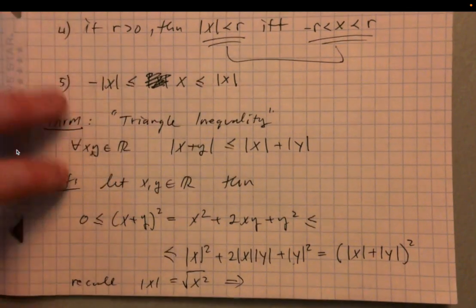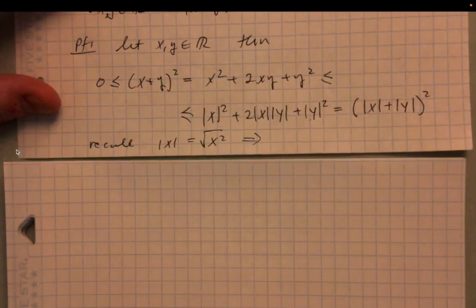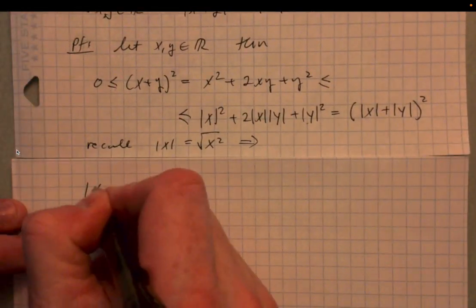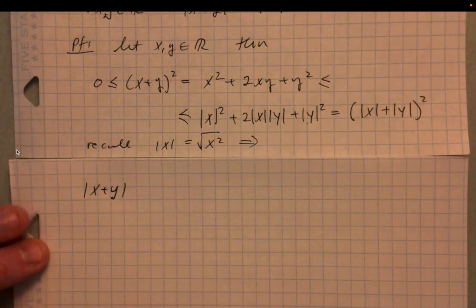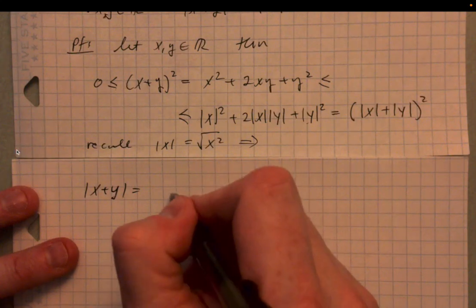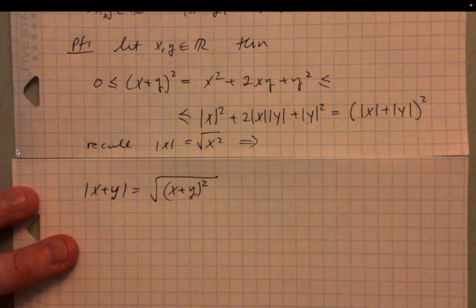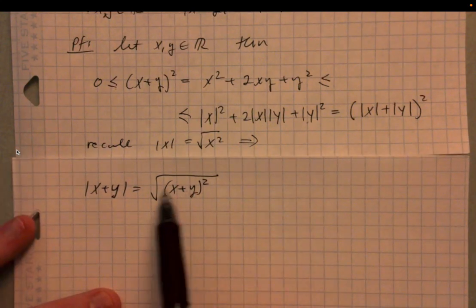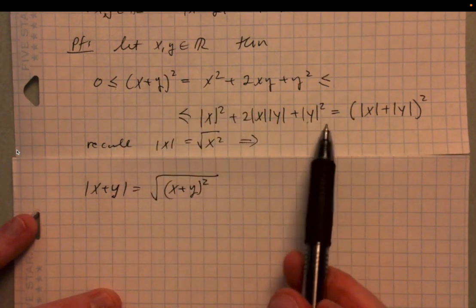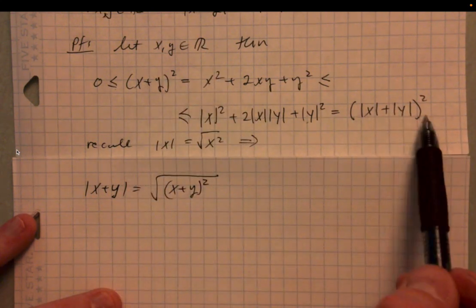So here I'm going to flip the page. Well, look at this. So we need to see this. Here I'll say that you've got the absolute value of x plus y. Well, we know that this is equal to the absolute value of x plus y quantity squared, by the previous theorem. And we know from this previous argument that x plus y quantity squared is less than or equal to this thing.